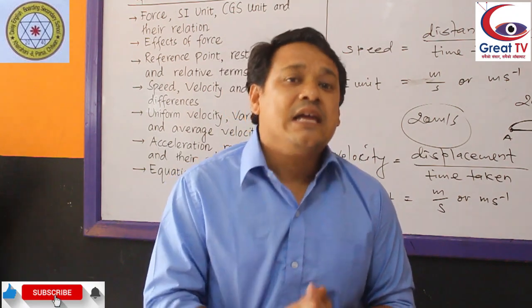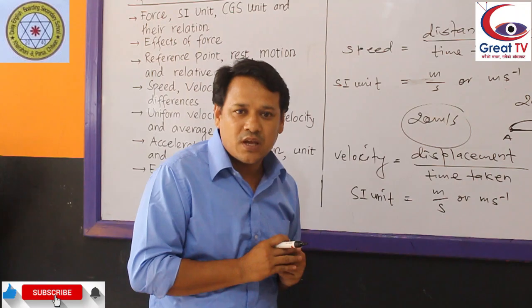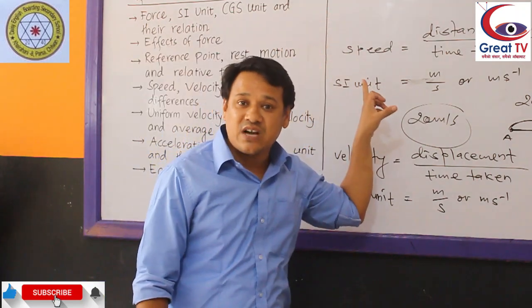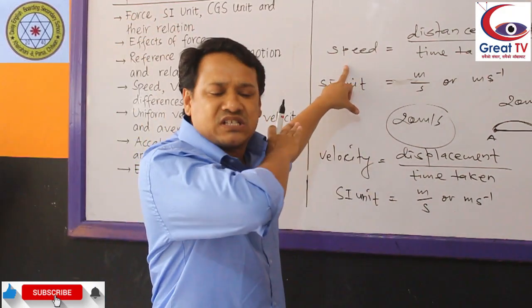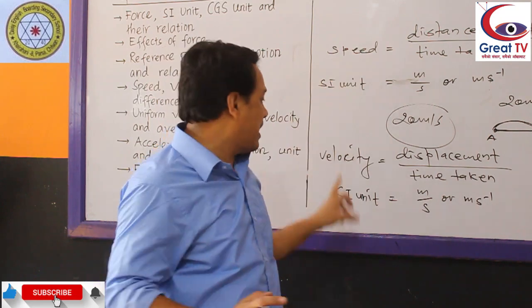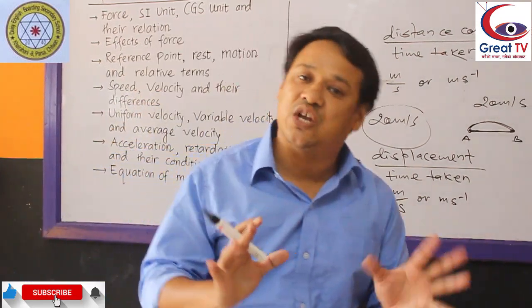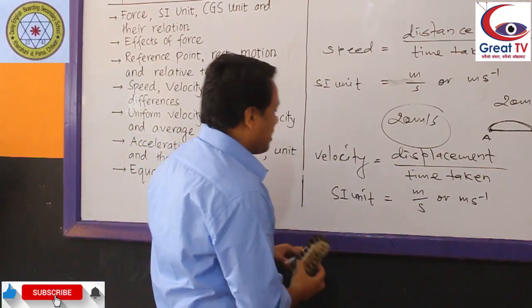What do you think? Of course not. Why? Because speed is a scalar quantity and a scalar quantity is always positive. So speed is never negative. But velocity can be positive, negative and zero also. So all conditions are possible in velocity.